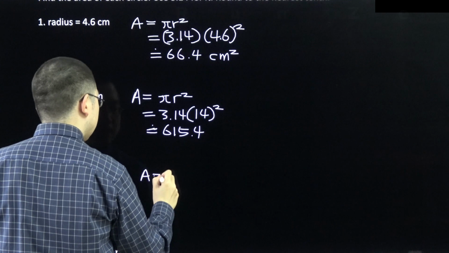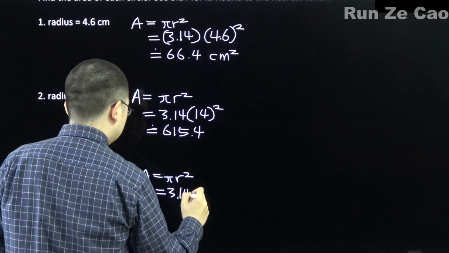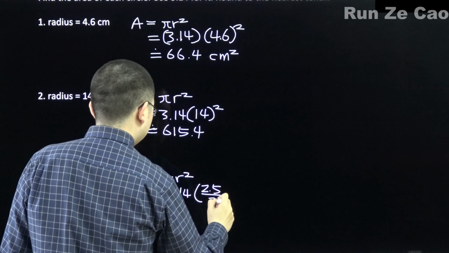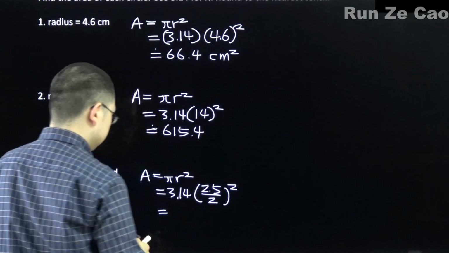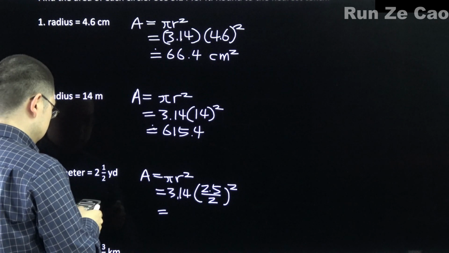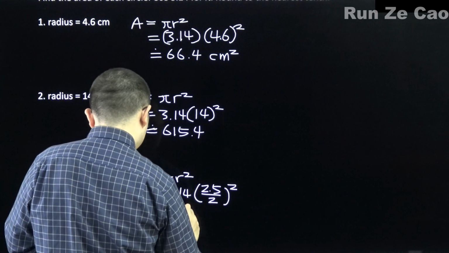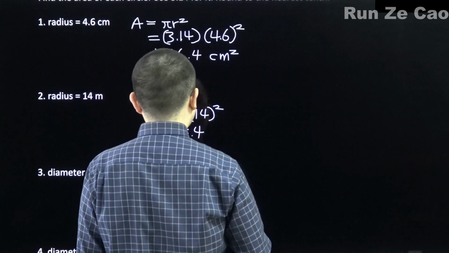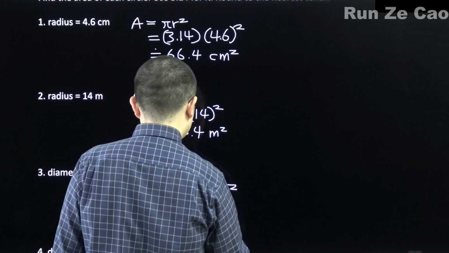Well, that's going to be area equals pi r squared, which is 3.14 times 2.5 divided by 2 for the radius, and this is squared. So 1.25 squared times 3.14. This is approximately 4.9. And what are the units? Because remember, guys, units are important. Well, this one was meters squared and this one was yards squared.